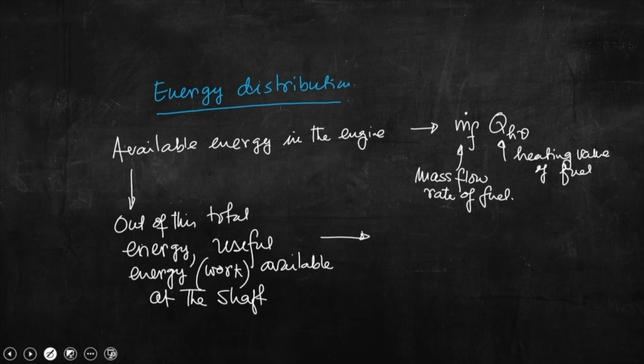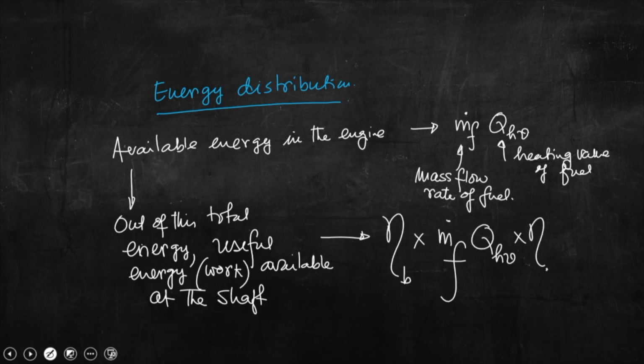This is essentially brake thermal efficiency into mass flow rate of fuel, heating value of fuel into combustion efficiency. This you probably know from your undergraduate IC engine course.